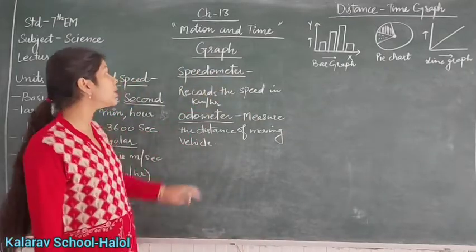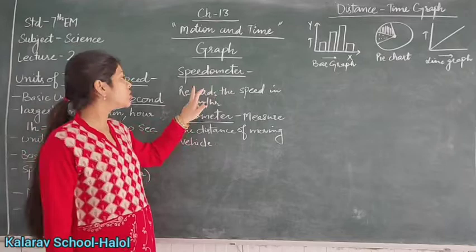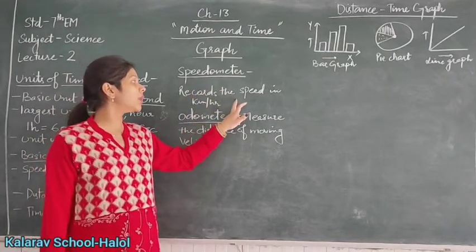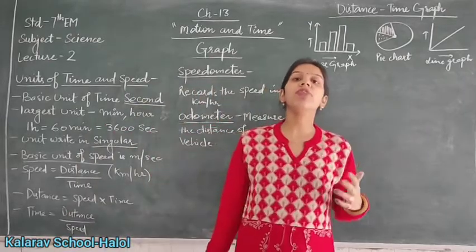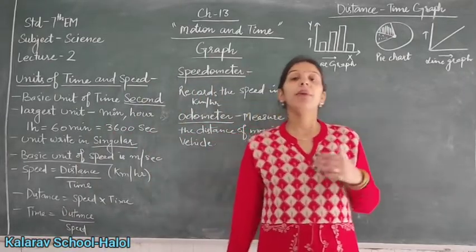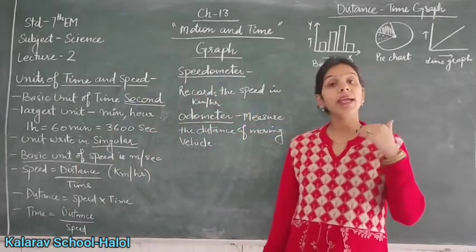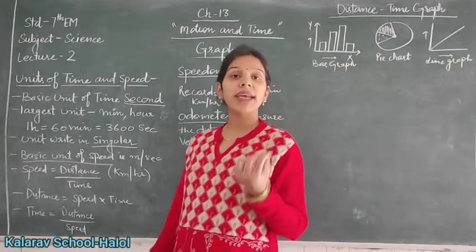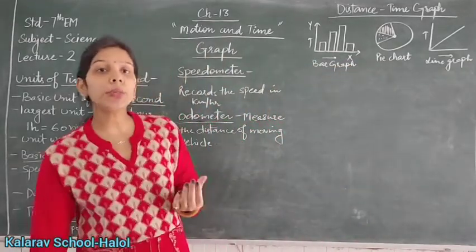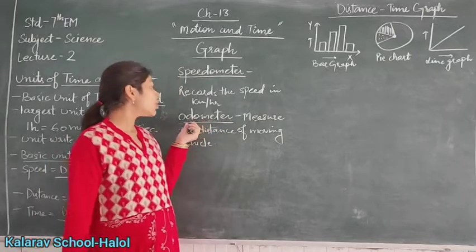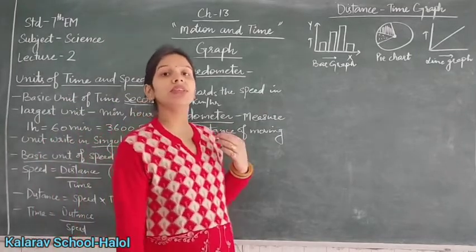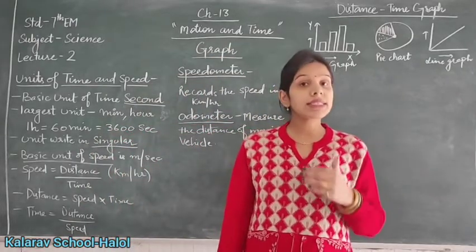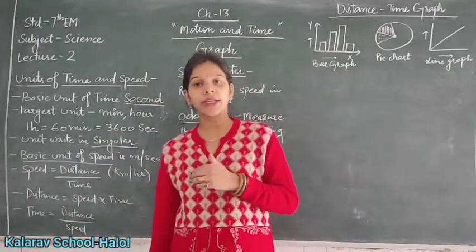So next is the speedometer. The speedometer is the instrument which is used to record the speed in kilometer per hour. So we can calculate the speed of any moving vehicle with the help of a device called the speedometer. Next is the odometer. The odometer is a device which is used to measure the distance of a moving object.